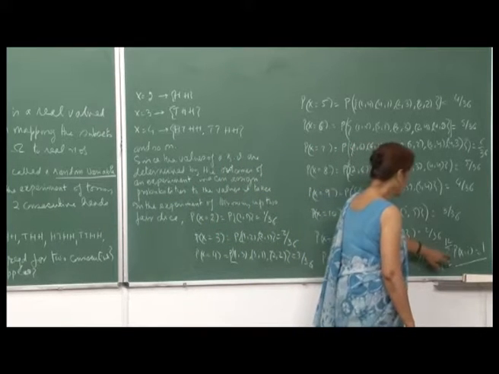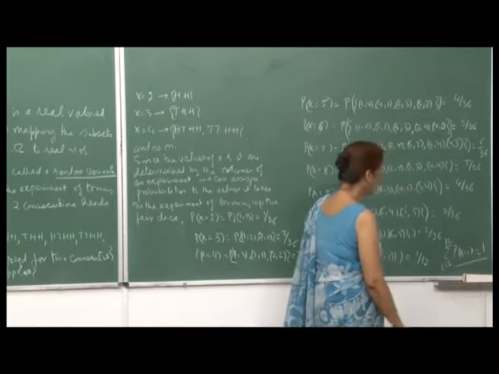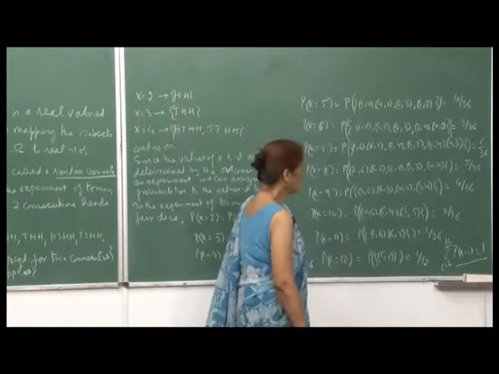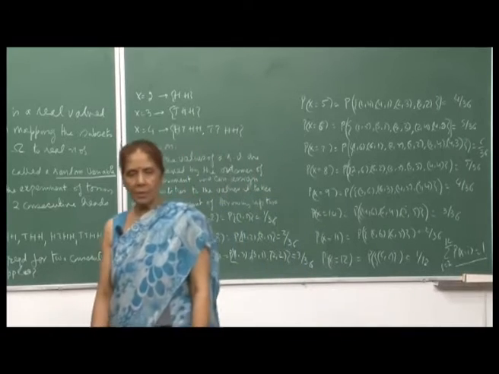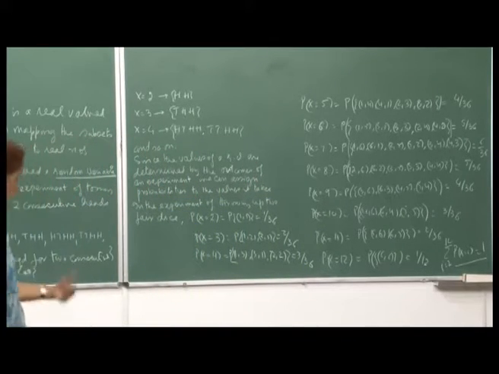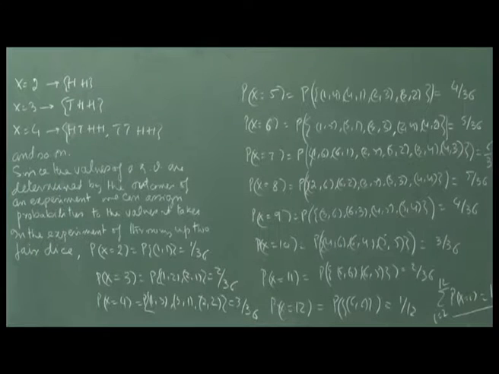So the probabilities of X equal to i, for i varying from 2 to 12, should sum to 1. This is a probability mass function, and I am going to formally define the concept of probability mass function now.